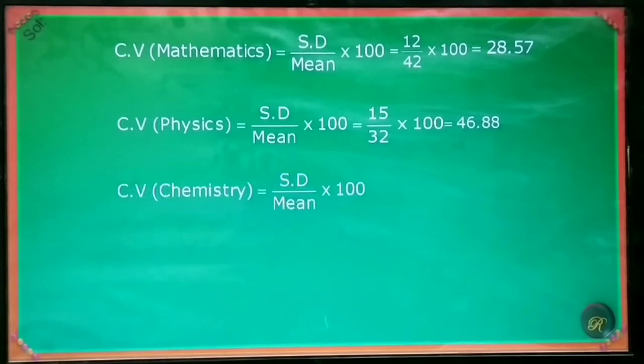CV of chemistry is equal to 20 into 100 divided by 40.9, is equal to 48.9.